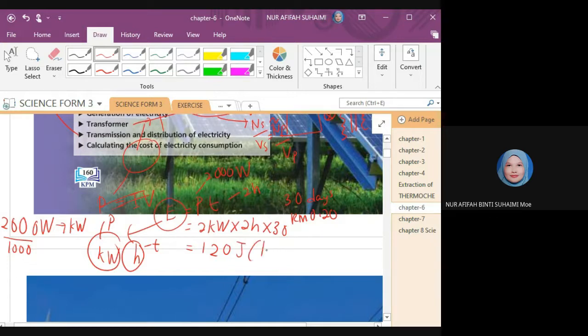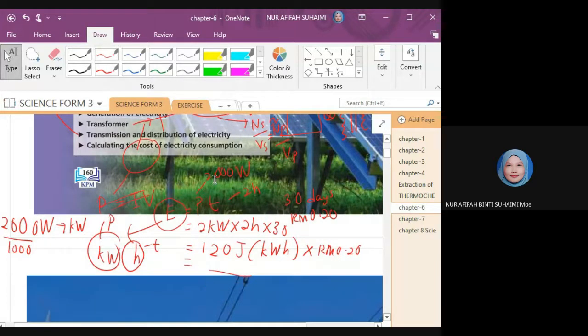And then how much you need to pay for 120 kilowatt hour? So this one you need to times with 20 cent. Calculate how many sen, how many ringgit Malaysia you will get.